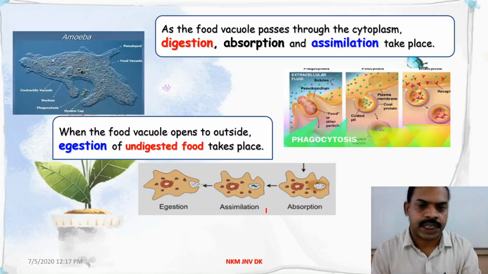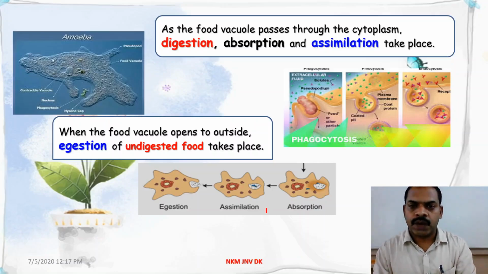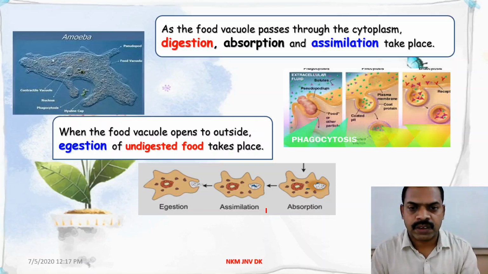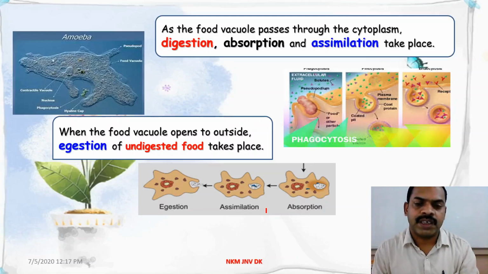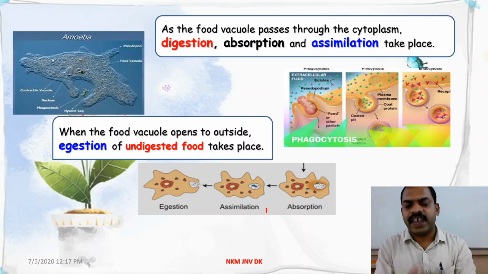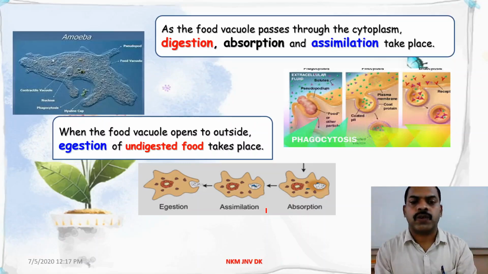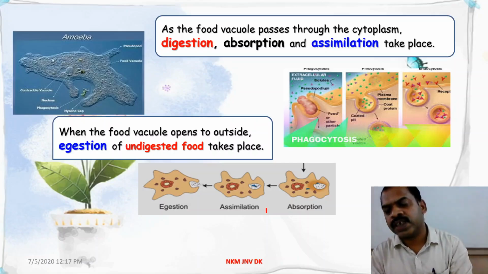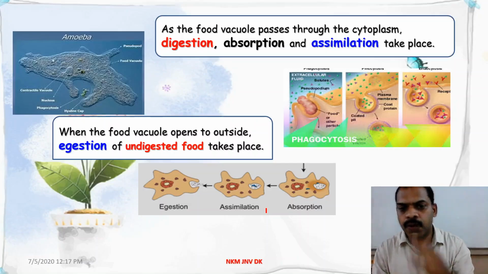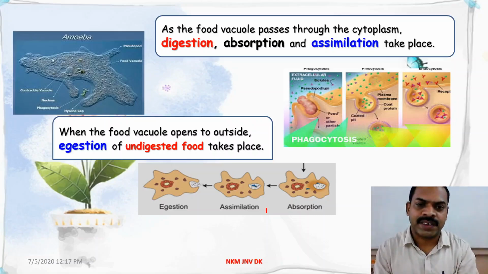What is assimilation? What did we have for breakfast today? Some had dosa, some had idli, some had rice items, whatever it is. If it is digested completely, we may get glucose. When carbohydrate is digested, we get glucose. When protein is digested, we get amino acids. How do we assimilate that?